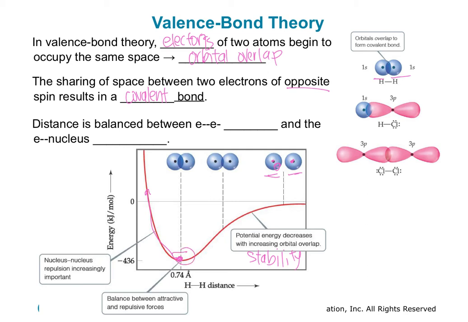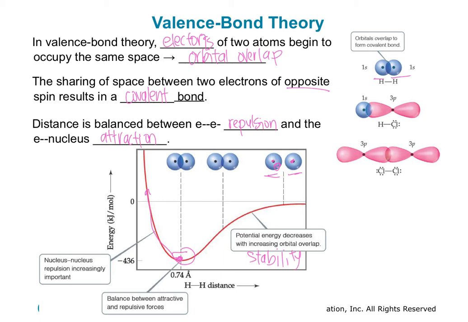So this minimum down here, this is where we have this optimum attraction. We've increased our attraction, maximized that, and minimized our repulsions. So we have that electron-electron repulsion minimized, and our electron-nucleus attraction maximized.